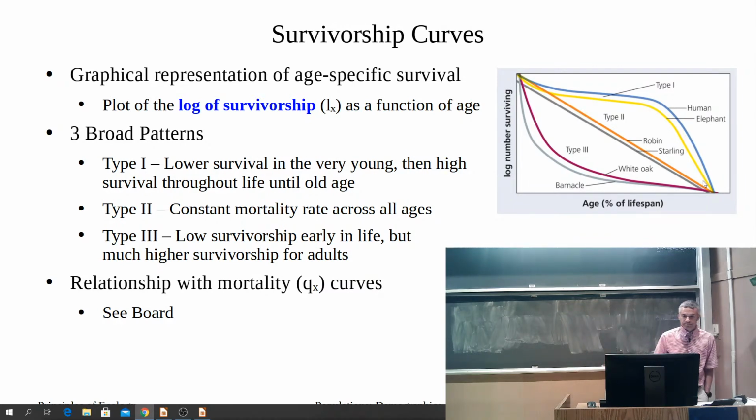Type 2 patterns, birds. We have a constant mortality rate. So we did our mortality curves. If we looked at our qx, which is our mortality, against age, our type 1 curves look something like this.